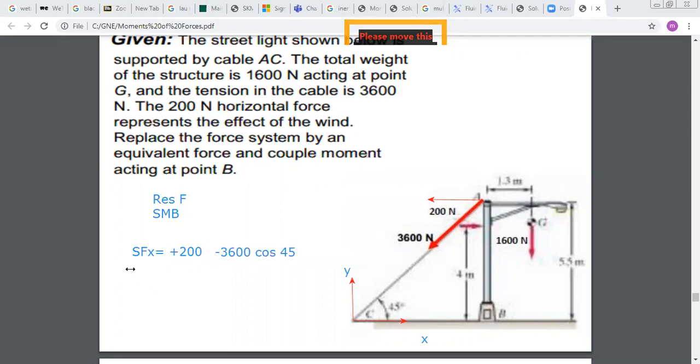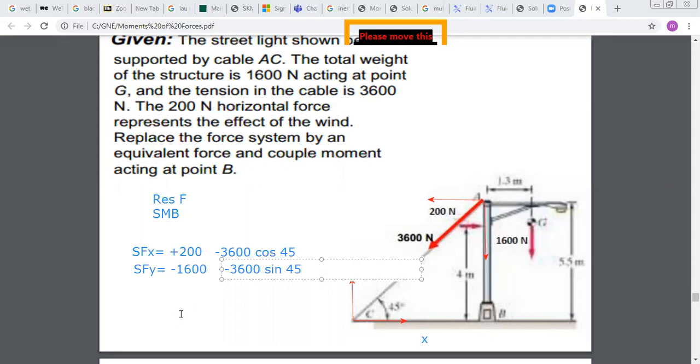Now, if I do the sum of y, what do I have along the y direction? I have the weight that is in the negative direction, so it's minus 1,600. And I have the projection of this force on y, which is also negative. It's downward. So it's minus 3,600 sine 45.